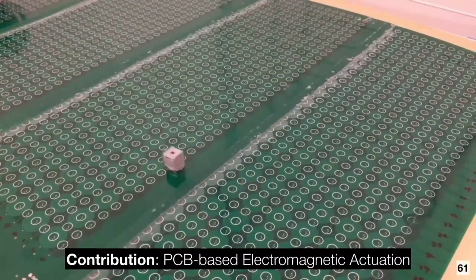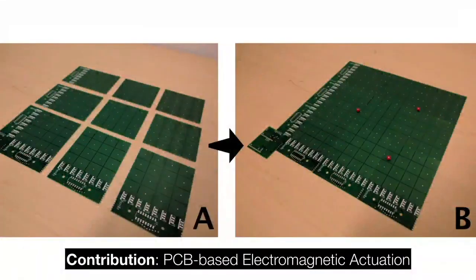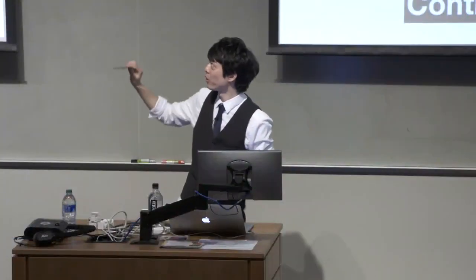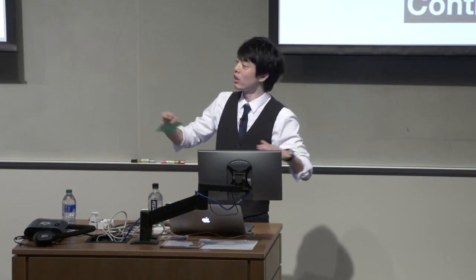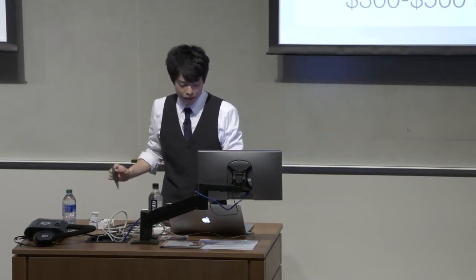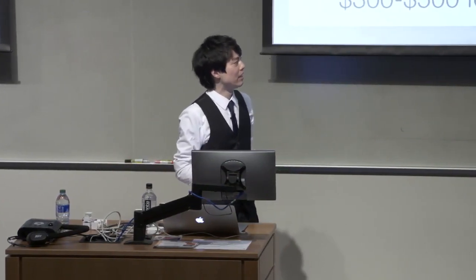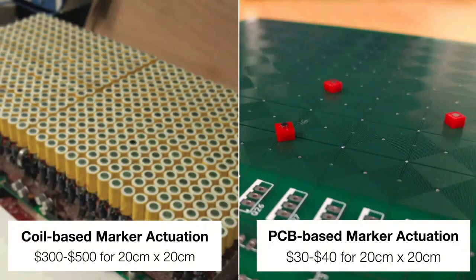And it's also pretty thin and scalable. I already have one here, but it's pretty thin, and we can also scale it up to cover a larger display. It's also pretty cheap compared to the manually constructed one. You can also order from Shenzhen and get this board in 2 weeks, for example. So it's a pretty accessible way to do it.